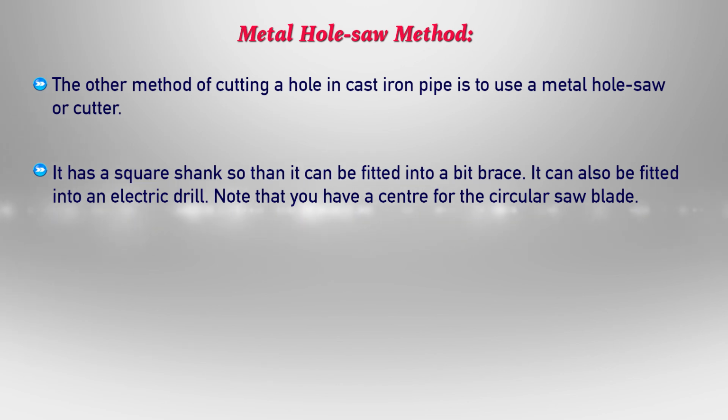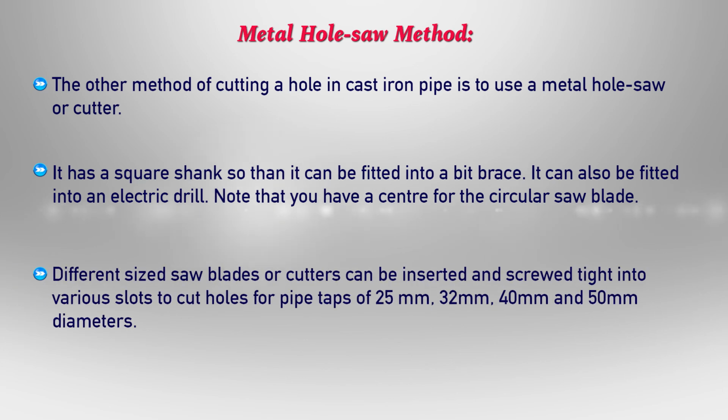It can also be fitted into an electric drill. Note that you have a center for the circular saw blade. Different size saw blades or cutters can be inserted and screwed tight into various slots to cut holes for pipe taps of 25 mm, 32 mm, 40 mm and 50 mm diameters.